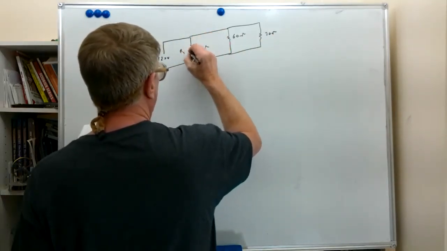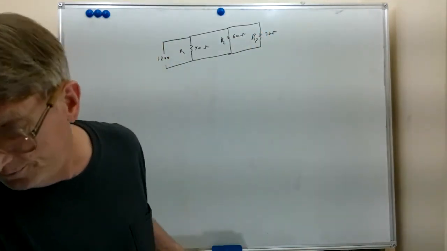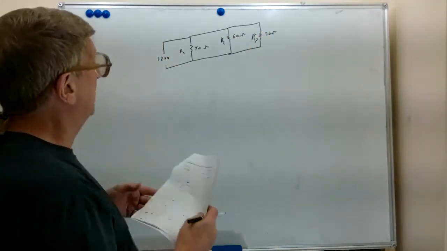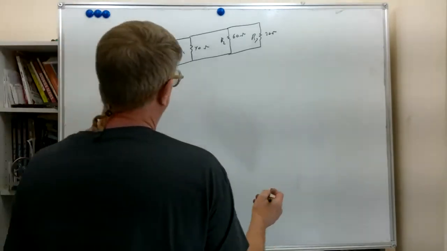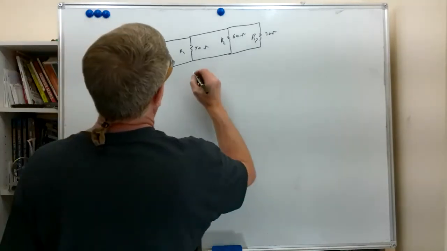And we'll call this R1, R2, R3. So we want to figure out each of these currents and determine how much is being drawn off the source.